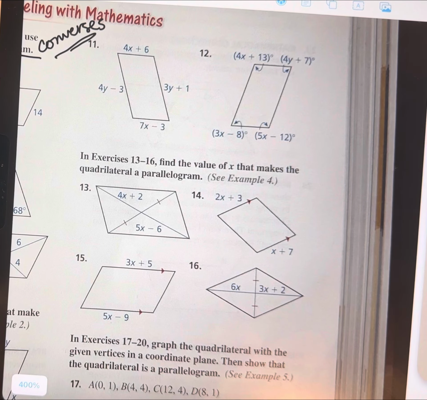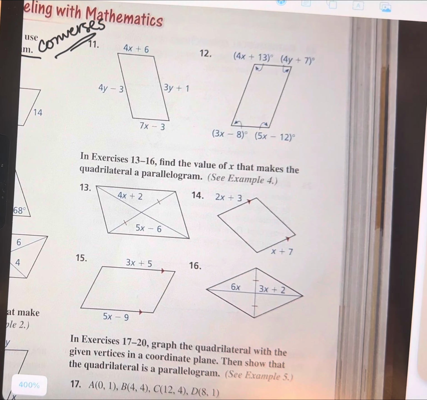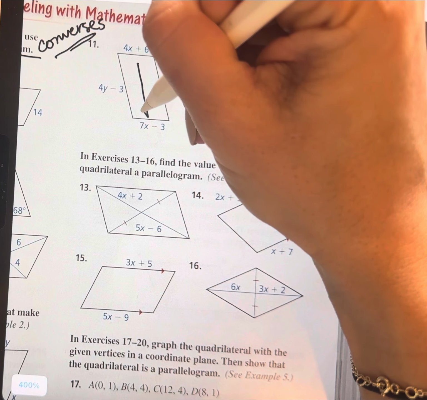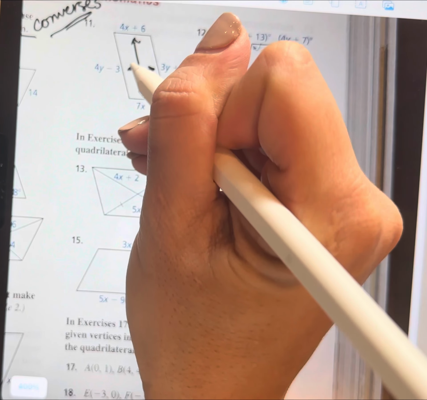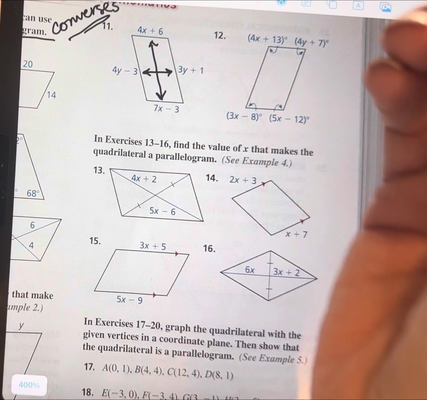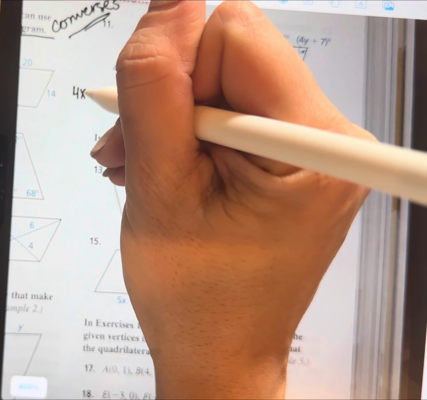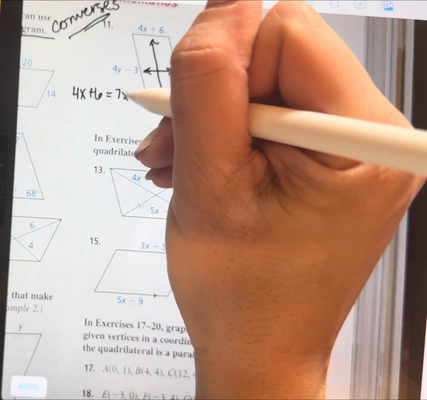In number 11, again, opposite sides must be congruent. So we must have 4x plus 6 be equal to 7x minus 3.